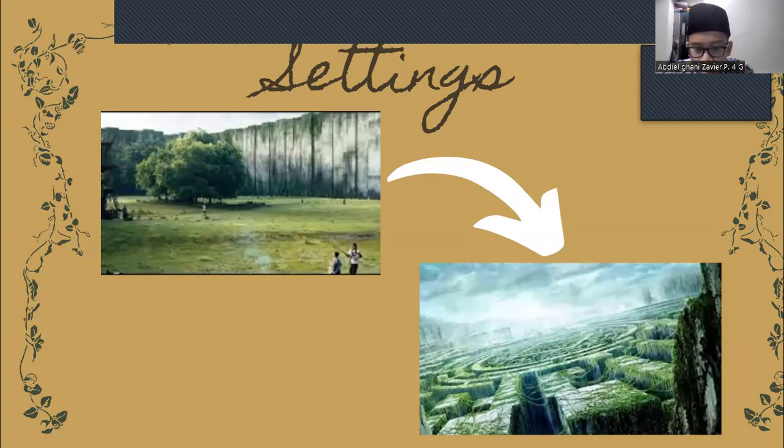The maze is a really gigantic maze which has terrifying creatures called the Grievers to stop the Gladers from getting out of the maze, and the walls move every single night.